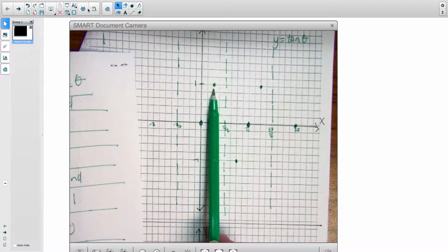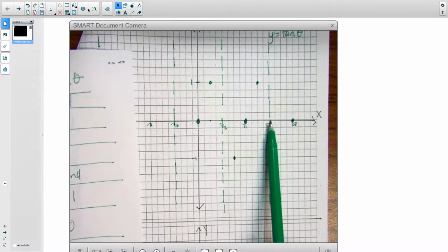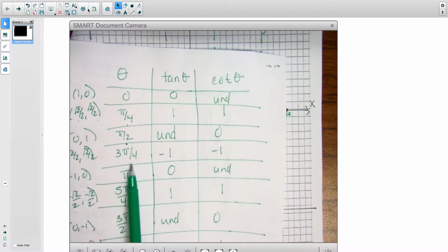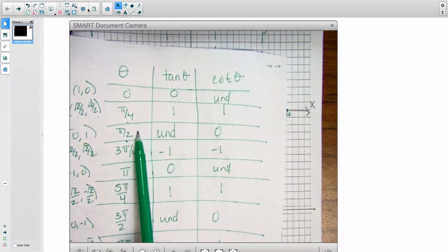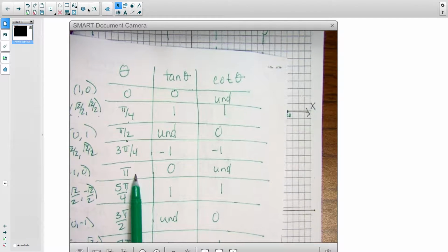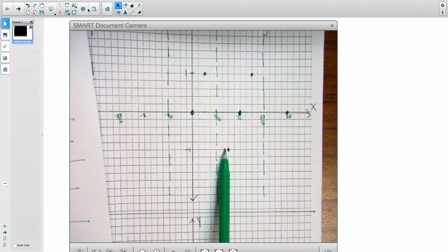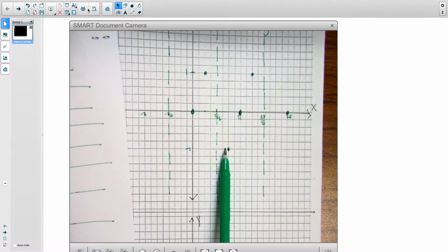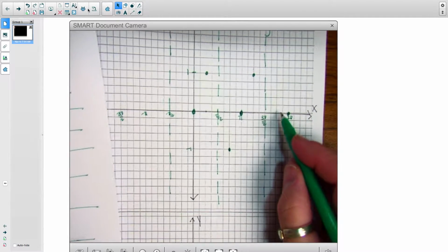And 1 1/4 pi, that's halfway between 1 and 1 1/2. Negative 1 is at 3/4, which is halfway between pi over 2 and pi. Right here. And our other is 7/4, which is halfway between here and here.